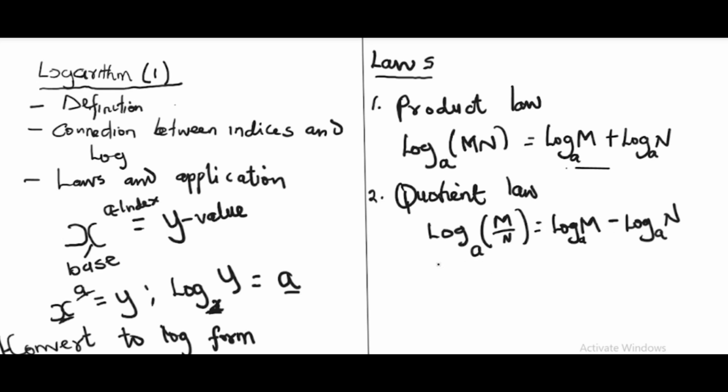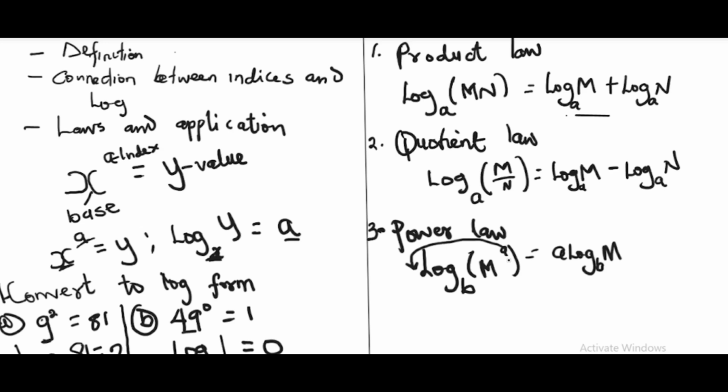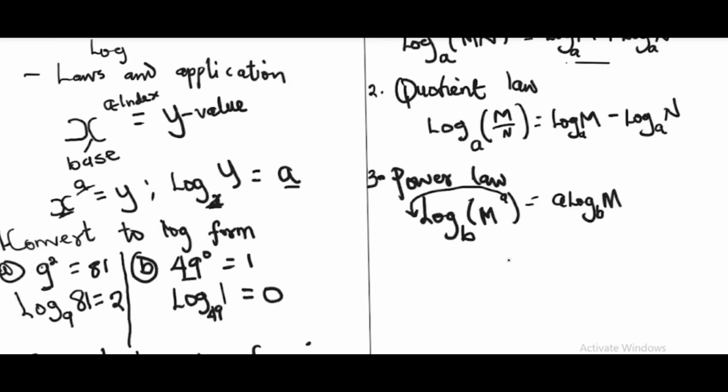Okay, so the next law we have the log of 1. The log of 1. Now this law sounds funny, right? From the name it sounds funny, the log of 1.